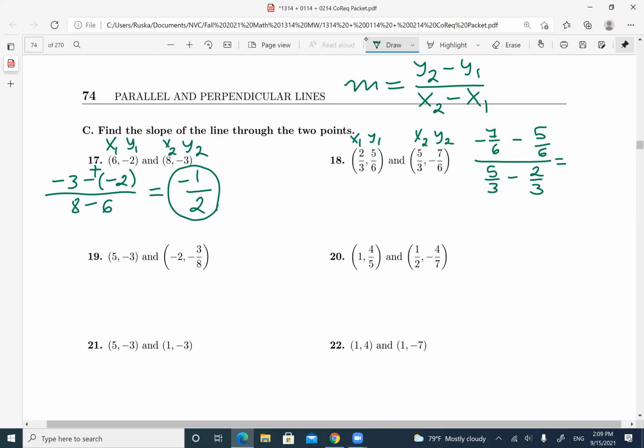So on the top, negative 7 minus 5 is negative 12 over 6. And on the bottom, 5 minus 2 is 3 over 3. So 3 over 3 obviously is 1. Negative 12 over 6 is negative 2 over 1, which is just negative 2.